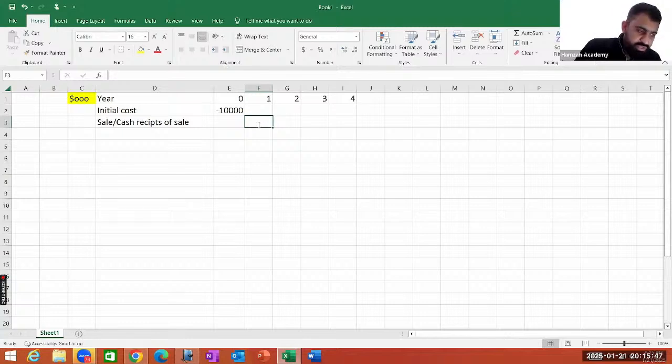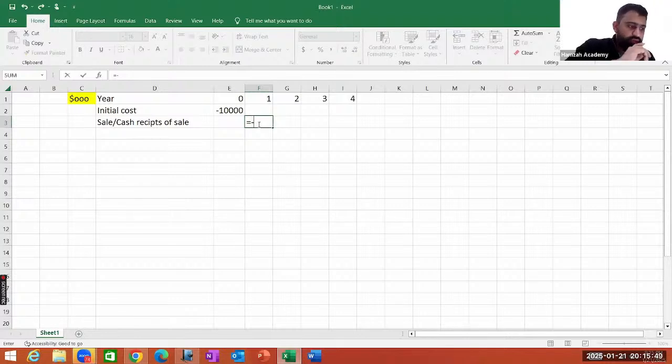Now, let's say I am assuming with 30 comma that the number of units which would be sold in year 1 would be 10,000 units, and their sale price per unit, let's say, is $4.